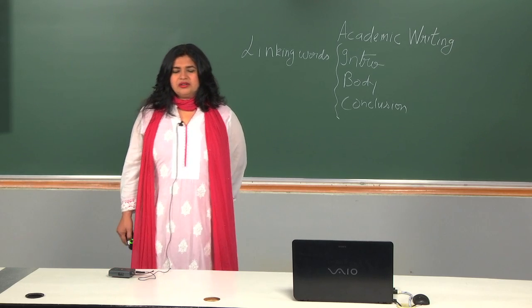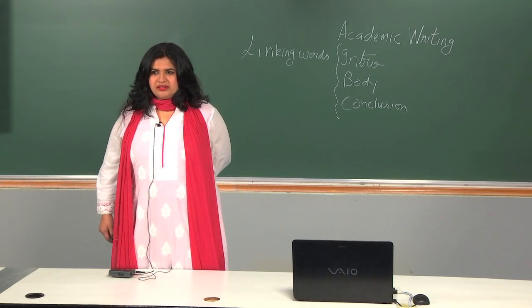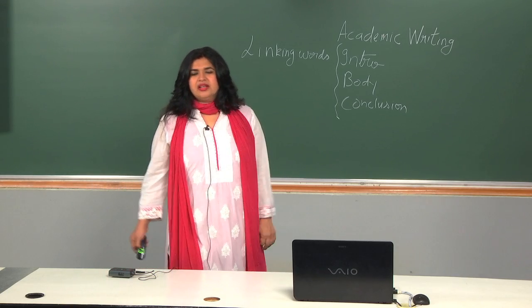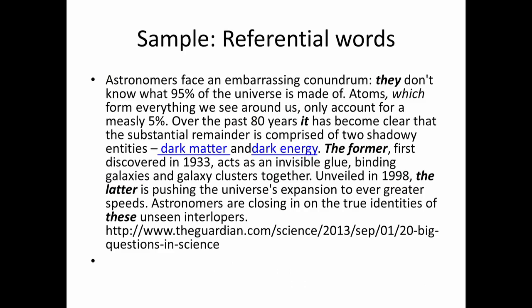Now, let me do one sample text with you. This is about referential words. I will tell you what are referential words. Look at the slide here. Astronomers face an embarrassing conundrum. They do not know what 95% of the universe is made of. Atoms which form everything we see around us only account for a measly 5%.